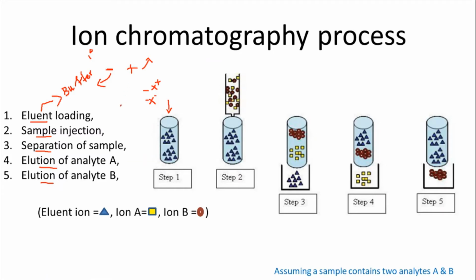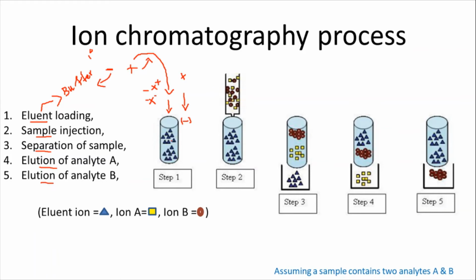If you select the anionic exchanger, the anionic stationary phase, you choose the high pH buffer. If the high pH buffer is loaded into the column, the buffer contains positive ions and the stationary phase contains negative charge, so these two are attracted.